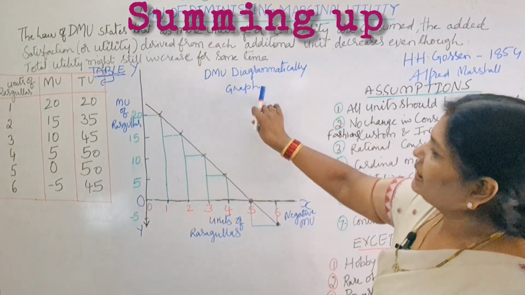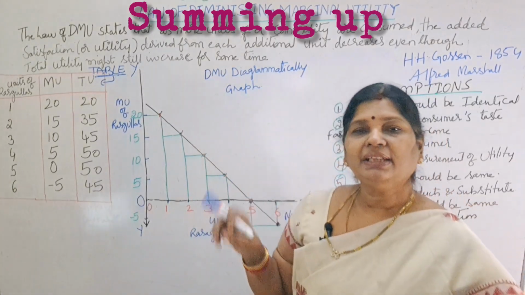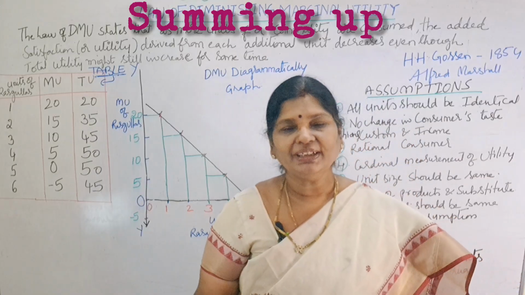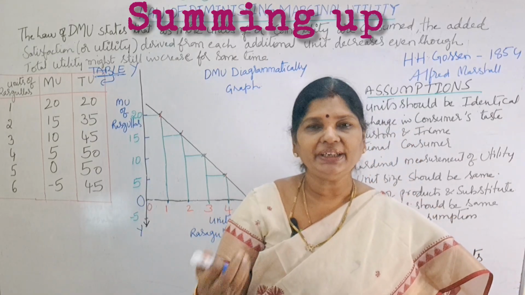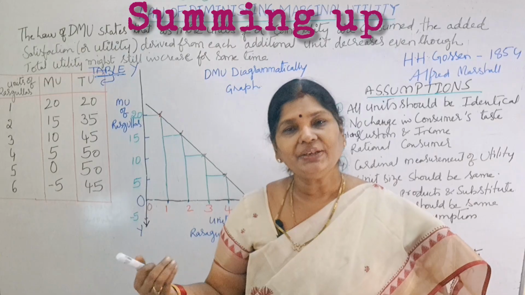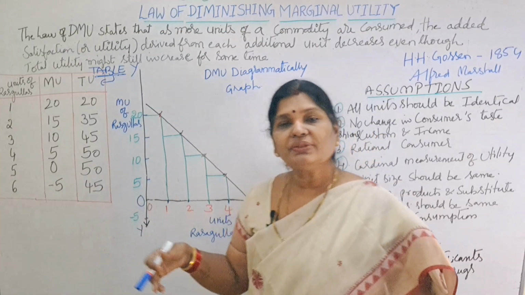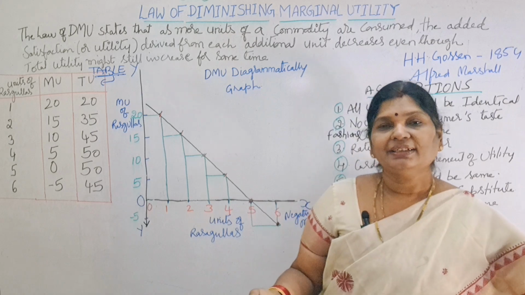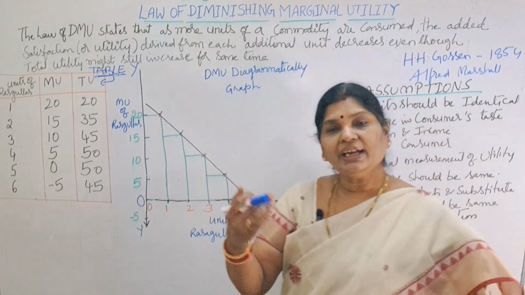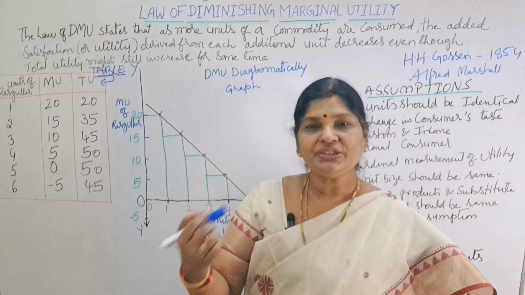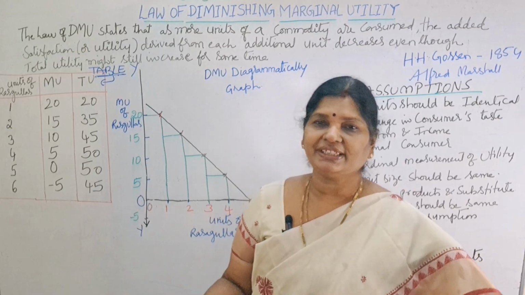So I will revise once. What does this law say? The more and more units we consume, the satisfaction we derive will be decreasing by unit. So the more and more units of samosa we eat, the utility we derive will be diminishing for every successive unit.